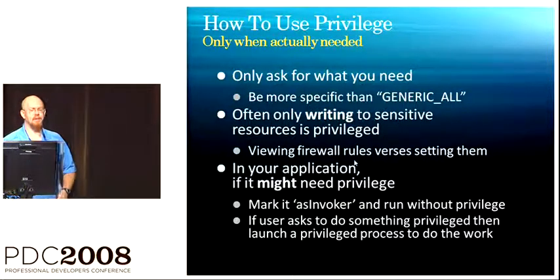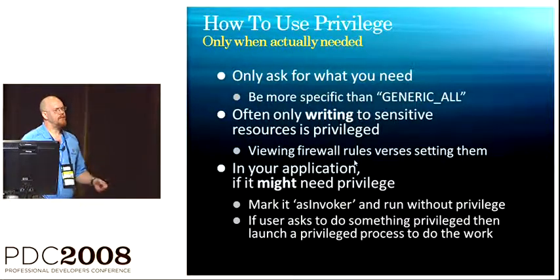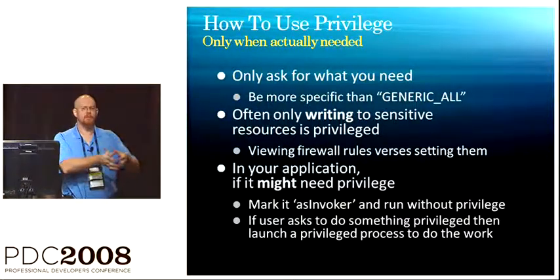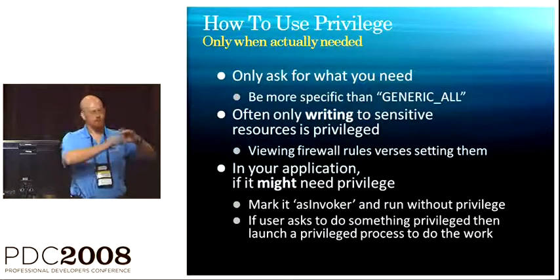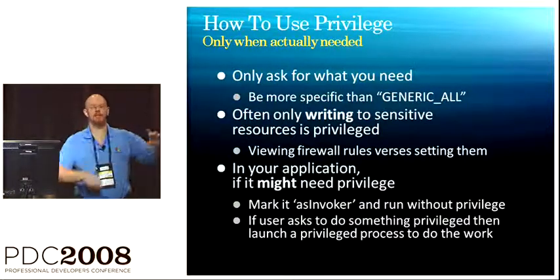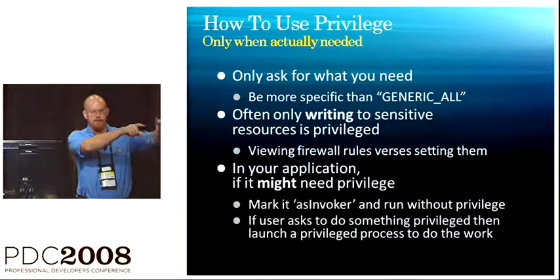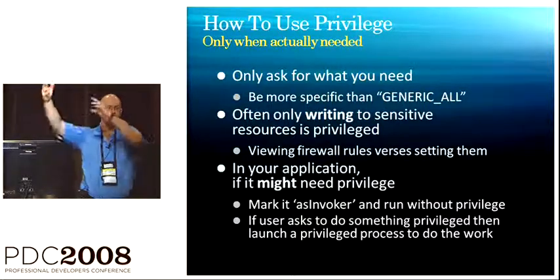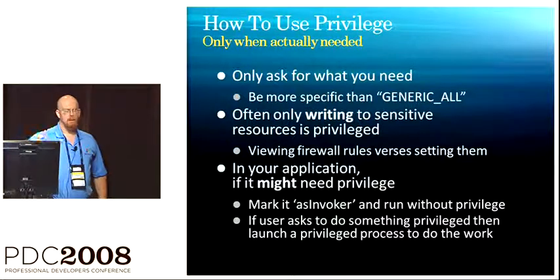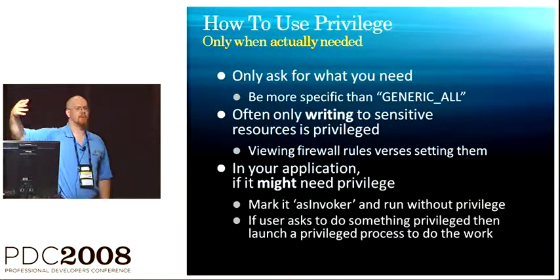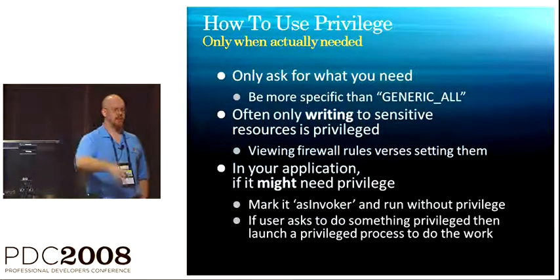So if your application might need privilege, then you can build a non-privileged version that does all its non-privileged stuff and then have a button on it with a shield on it that says, do dangerous stuff here. Click the button, and then your application elevates to do the privileged stuff. And so that would mean that most of the time when the user isn't doing the dangerous stuff, they can just run your app with no prompts.